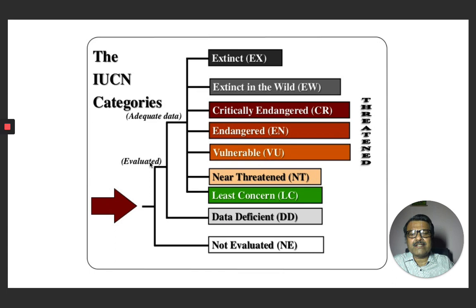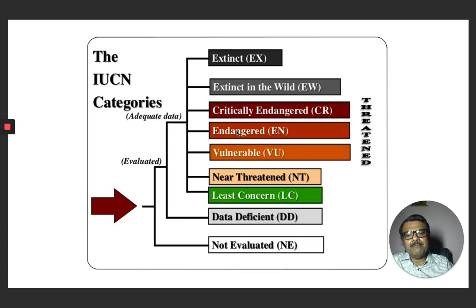You can see that this is the non-evaluated group, and all the above 8 groups are evaluated groups. So the first classification of these IUCN categories is on the basis of evaluation.